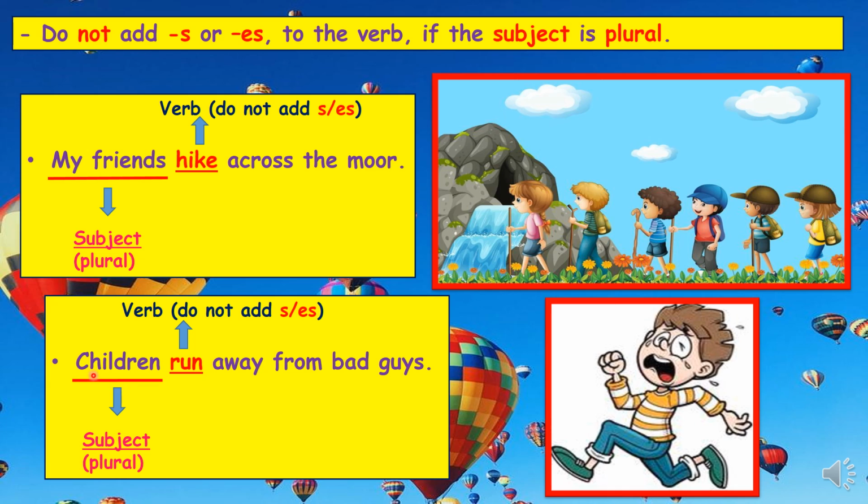So it became children. That's why it is plural. What do children do? Run. So the verb is run. Why didn't we add s or es to the verb? Because the subject, which is children, is plural, more than one child.